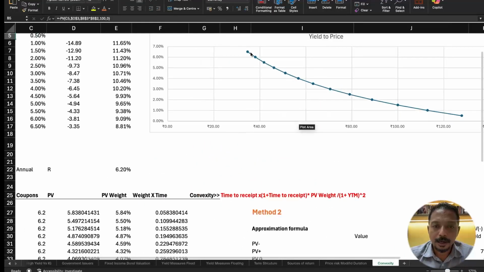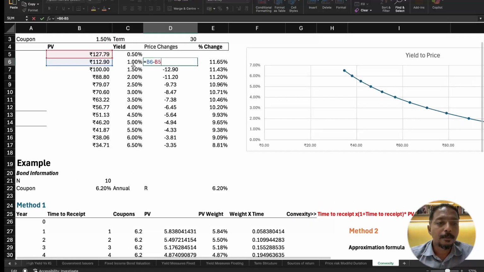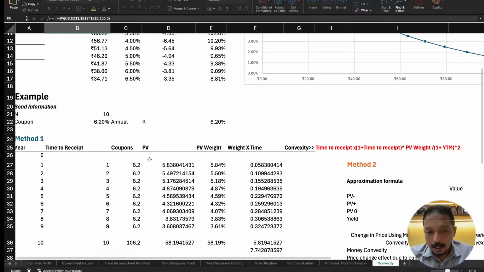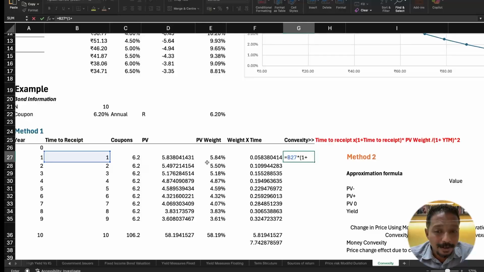So if you see this graph, the reason why this curvature is happening is because the present value of the cash flow is dependent on compounding and discounting, right? And since there is compounding and discounting, that curve actually exists. That's the reason why we're doing time into 1 plus time, because this is the compounding factor, right? So that's the first part of the calculation.